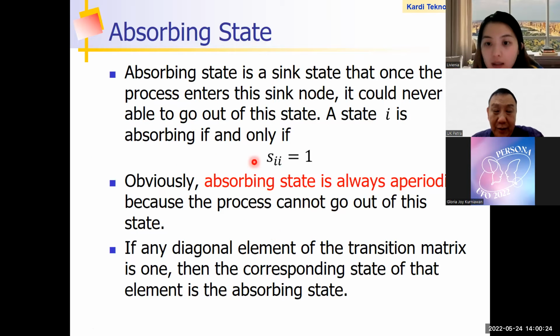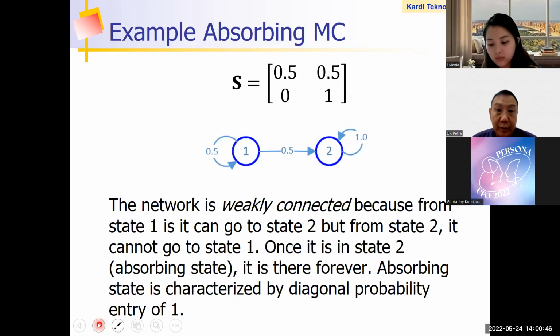And the last one is the absorbing state. It's a sink state. How do you know? In the stochastic matrix, the transition probability matrix, the diagonal entry is 1. Obviously, an absorbing state is always aperiodic. So this is an example of absorbing.